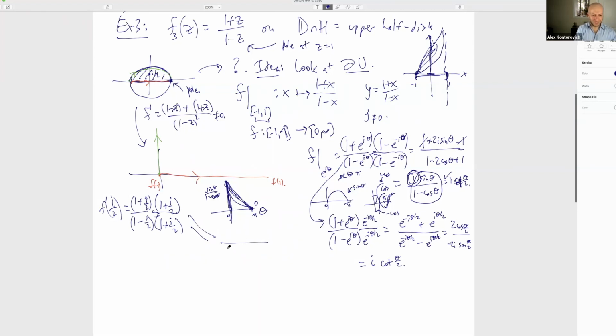What am I getting here? On top, 1 plus a quarter. And here I'm getting 1 minus a quarter plus I. So this is like 3/4 plus I. I don't really care where it is. It's somewhere over here. F of I over 2.